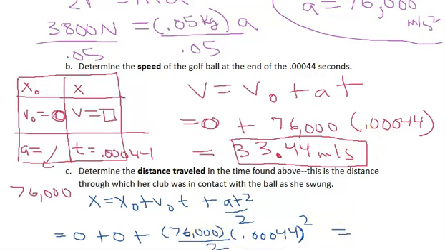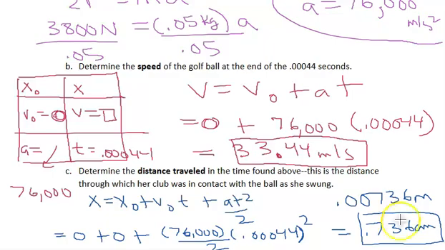And when you run the math out, you get 0.00736 meters, which makes sense, right? Because it's the squish, it's how much it was squished. It's not how far it went down the greenway. So 0.736 centimeters, if that helps you to think about it.